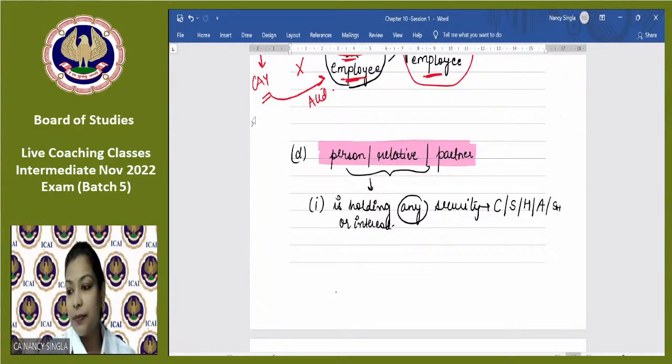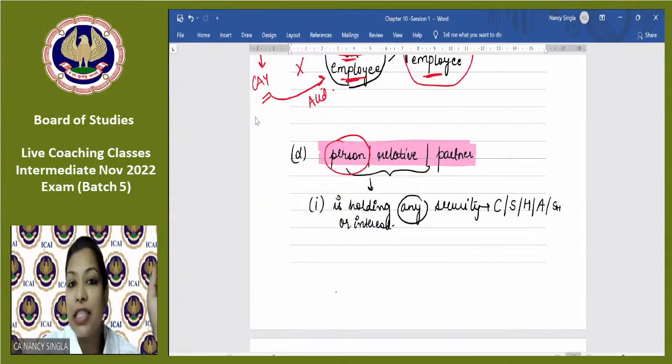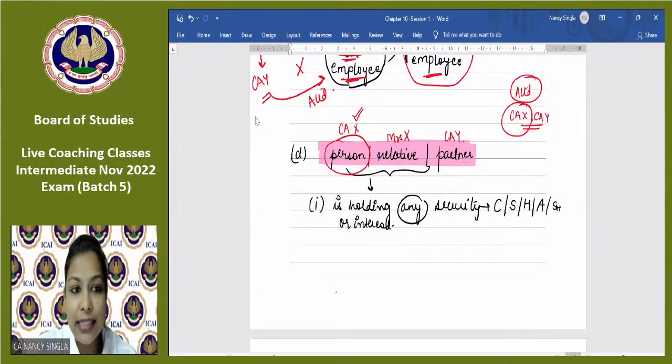It says that a person is not eligible to be appointed as an auditor of the company if the person himself, let's say CA X, or his relative, let's say Mrs. X, or his partner, let's say CA Y, have 3 types of transactions with the company in which the appointment is to be made. So this is our example: CA X and CA Y are there, and appointment as an auditor of A Limited is to be made.